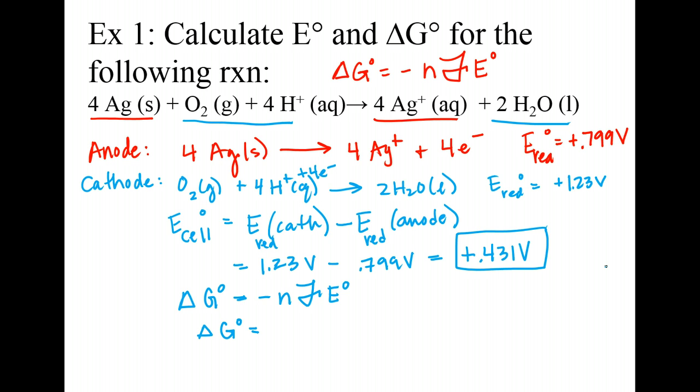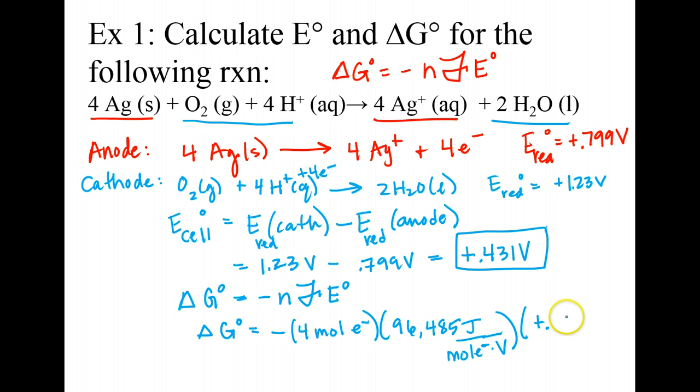So we would put negative sign here, 4 moles of electrons, and then the Faraday's constant, 96,485. And since we're going to be working with E-cell, which is measured in volts, we would use the label that is joules over moles of electrons times volts. And then put in our standard voltage, positive 0.431 volts.